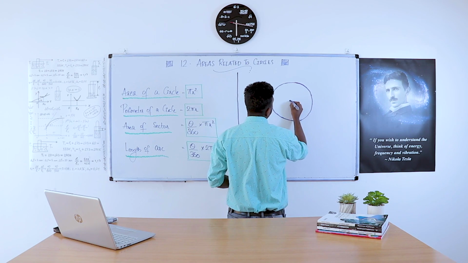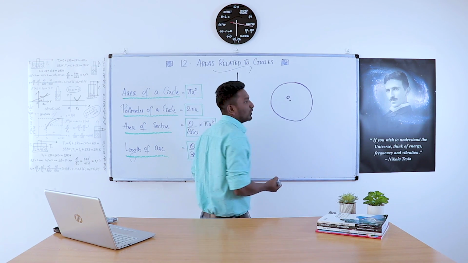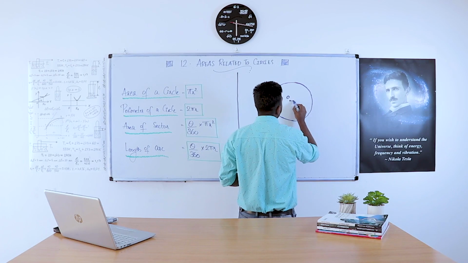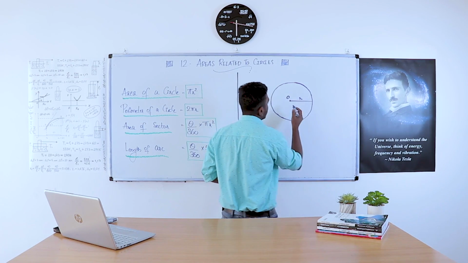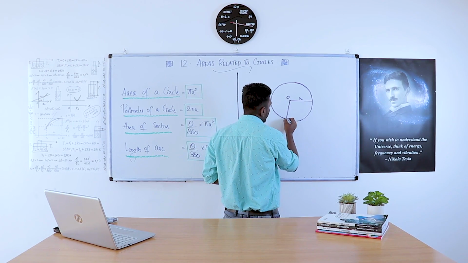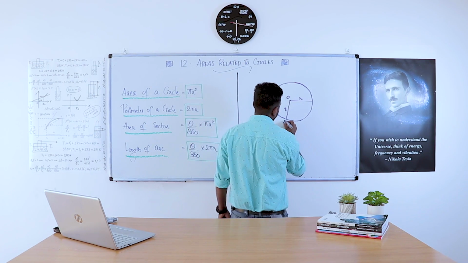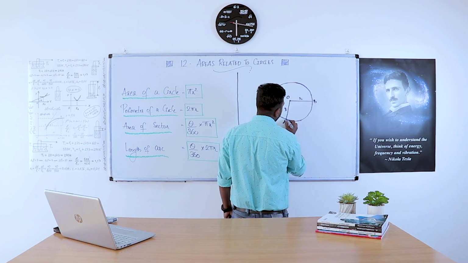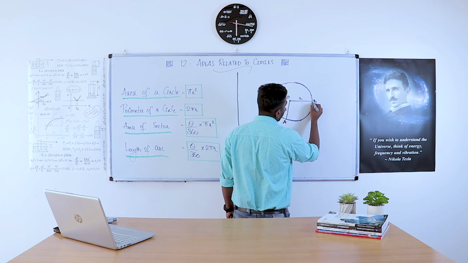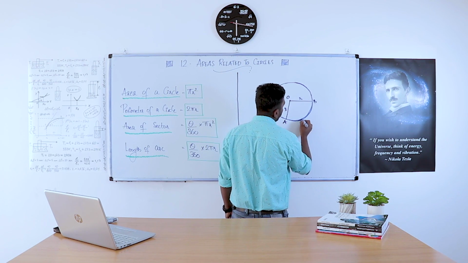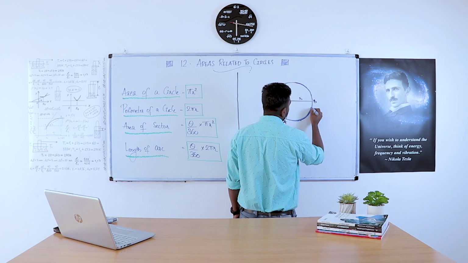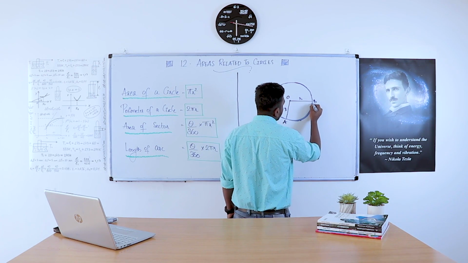You all know that a circle has a center, which I am marking as O, and a radius, marked as r. When I consider two radii, I am naming the ends A and B. This length AB is an arc. Arc means part of a circle. I am darkening the part AB.